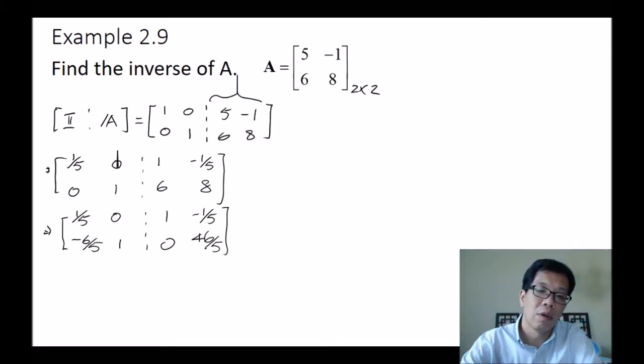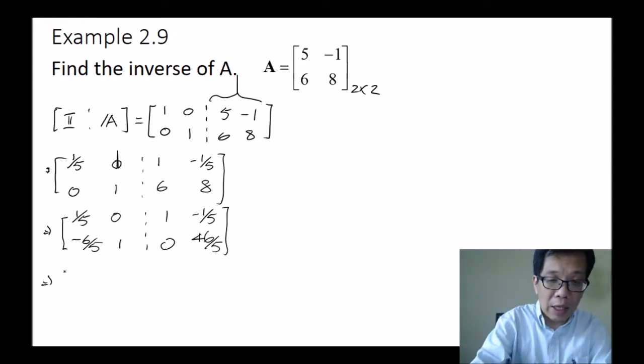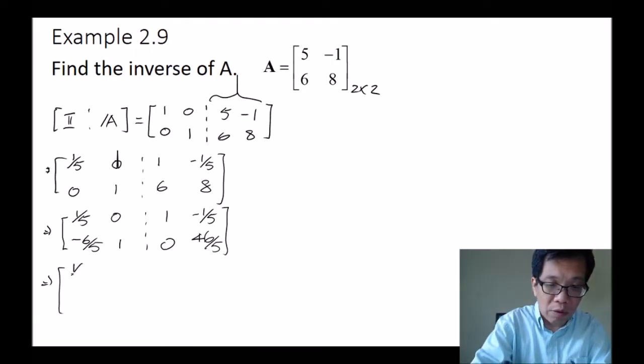Now, we have this one equal to 0. This part I would prefer to get 1 as a component. So to do that, we just multiply everything by 5 over 46. In that case, first row remains the same.